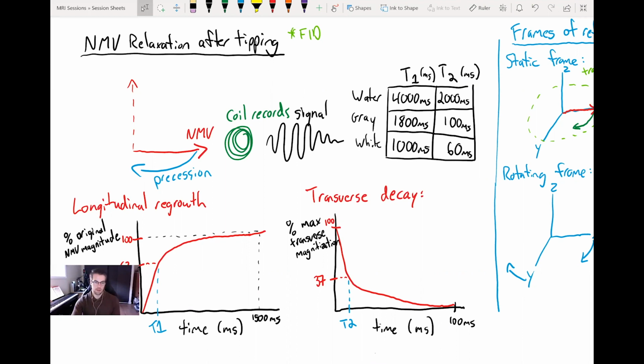Meanwhile, the transverse magnetization decays quite rapidly, with a time constant T2 describing how long it takes for the transverse magnetization to lose a lot of its magnitude and be at 37% of its maximum.